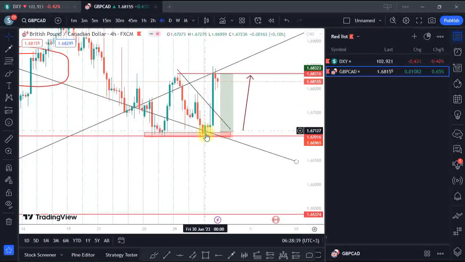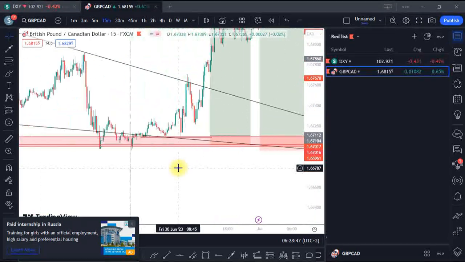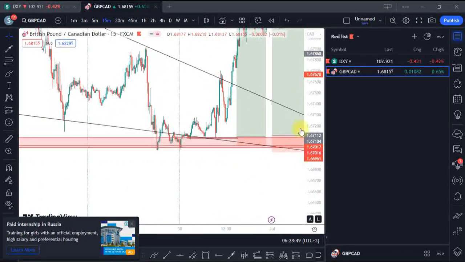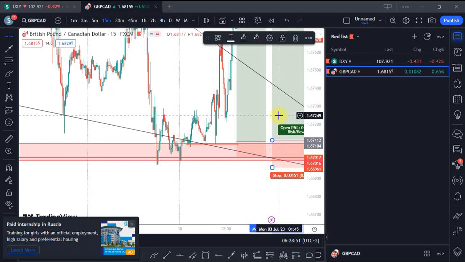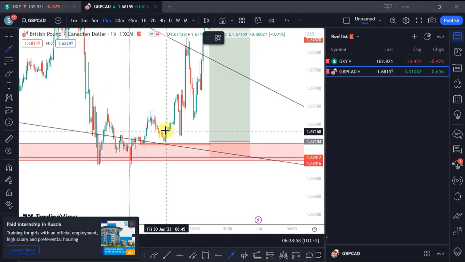And then I also got the retracement after this 4-hour bullish candle. That's when I was able to go down into the lower time frame. This over here was the retracement on the 15 minute which I'm talking about.